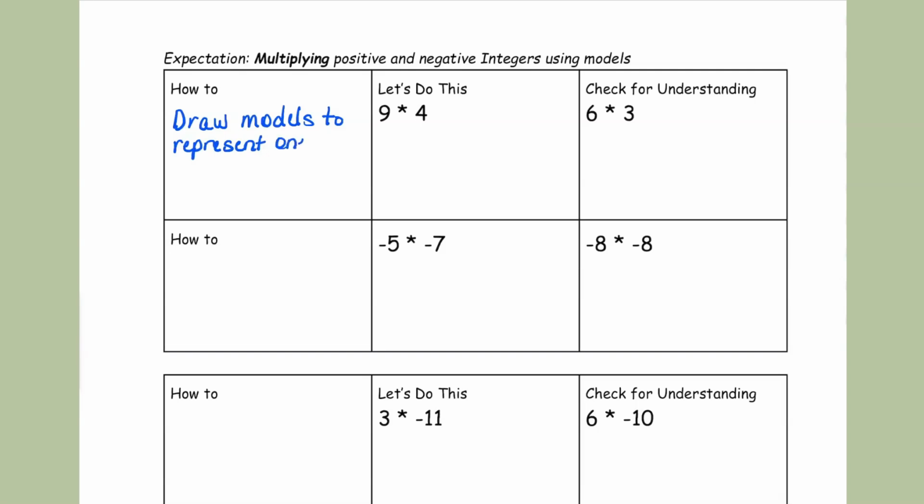When we're doing these problems, we're still going to represent our models the same way we did before. So we're going to use the plus sign for our positive values, and we're going to use a minus symbol for our negative values. Now, I have stated here to use the first value versus the second value, but because this is multiplication, you can always switch those around.